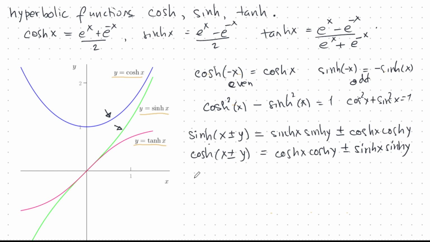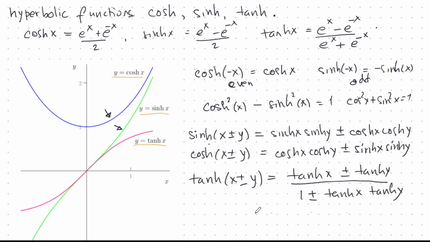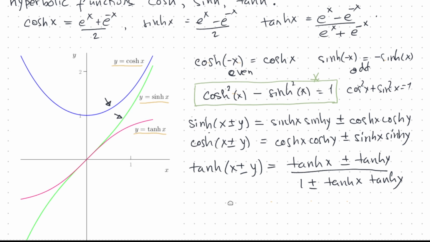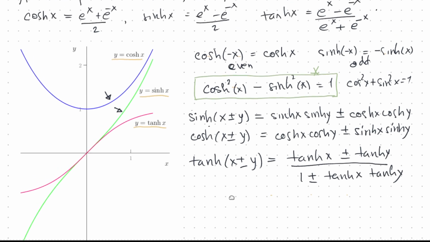Of course, there's one for tangent also. And you could probably guess that it looks like this. Hyperbolic tangent addition rule. So that's very interesting. Now, the most important one, the one that we are going to need, is this one. Okay. But all of these identities are very interesting.